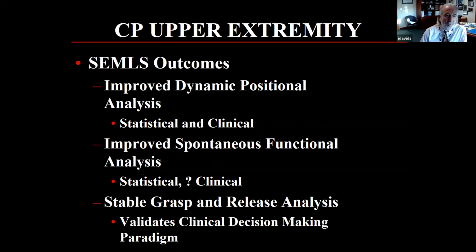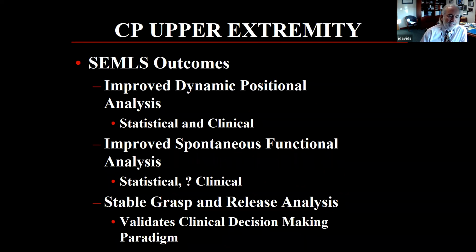Our interpretation was that the improved dynamic positional analysis was both statistically and clinically significant. So the surgeries were effective in improving the alignment of the targeted segments. With respect to the improved spontaneous functional analysis, although the improvement was statistical, it was really quite small, and I question the clinical significance of this.